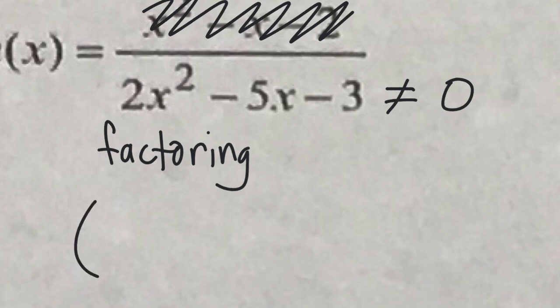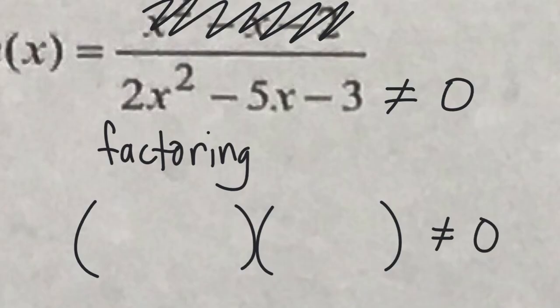So we draw in your parentheses that represent your factors. And the numbers in front, your variables, go in front. So you want to think about what numbers multiply together to give you 2x squared. Hopefully you know one of them is 2x and the other one is regular x. So that when I multiply these back together, 2x times x is 2x squared.